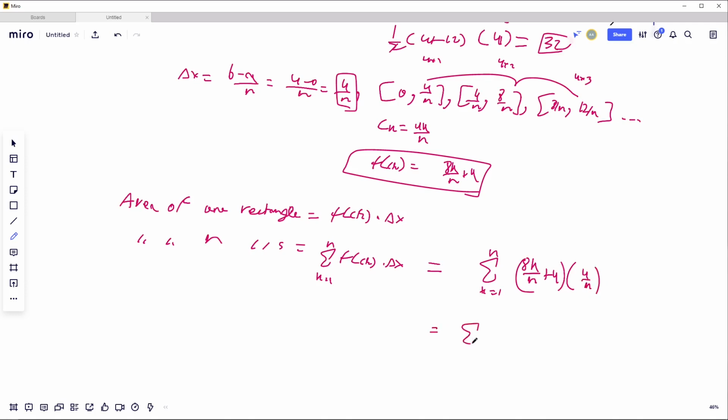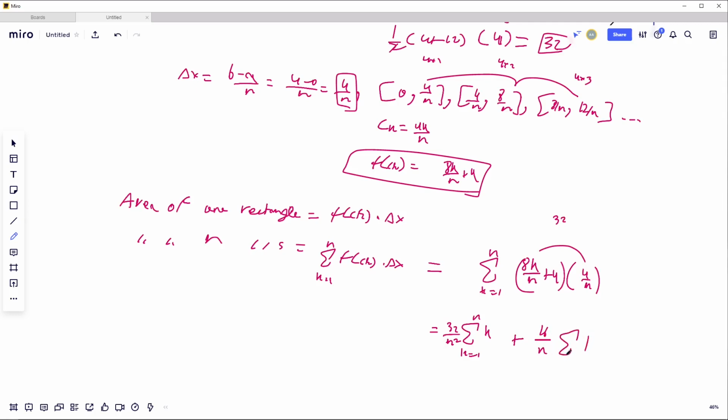Let's split the summation. So first of all, 8k over n times 4 over n, that's 4 times 8, that's 32, right? 32k over n squared. So I'm taking the 32 over n squared out, and we're left with k, plus this times that, 4 times 4, 16 over n outside.